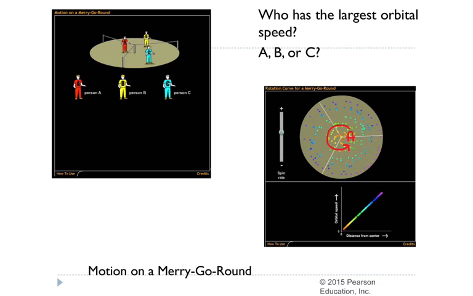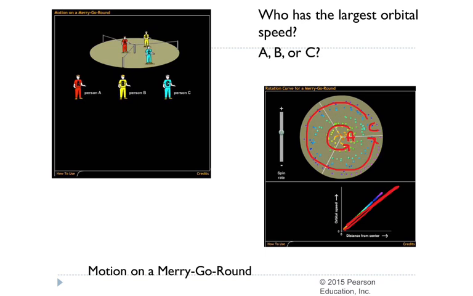If you're over here in position C, and you go all the way around, that's going to be a larger circle. But these guys are on the same line here, so they have to move together. So in this case, the further out you are, the faster you're going to go, and the closer to the center, the slower you go. And you end up with a graph that increases this way here.